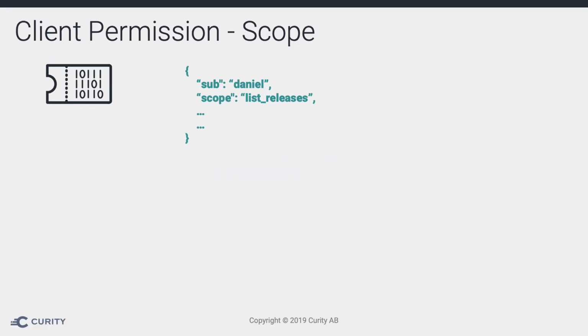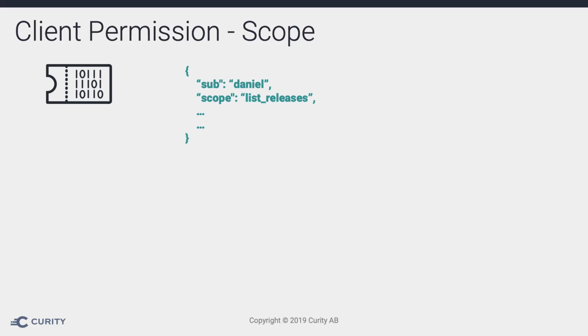As I said, there are several different types of permissions. And in OAuth, when we talk about permissions, we usually talk about the scope parameter. The scope parameter is defined in core OAuth as a static string that defines what you're allowed to do with the current token.